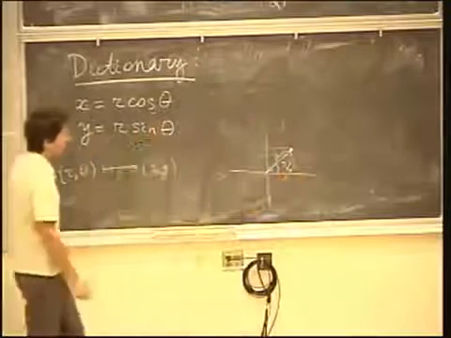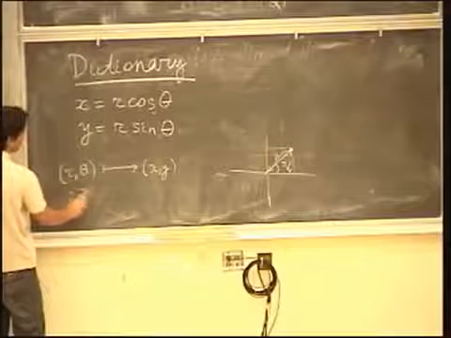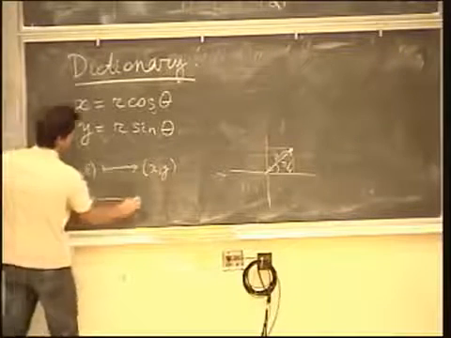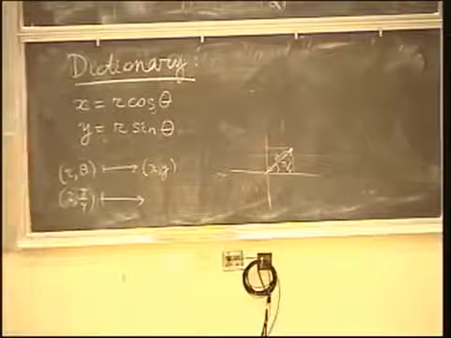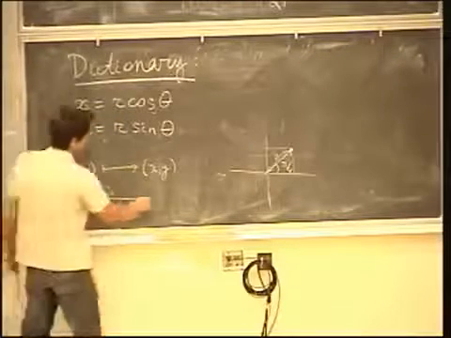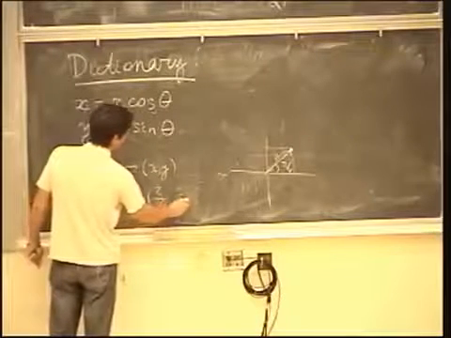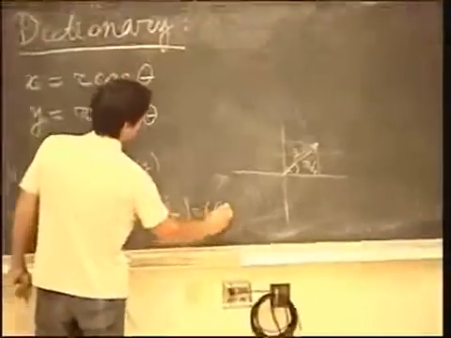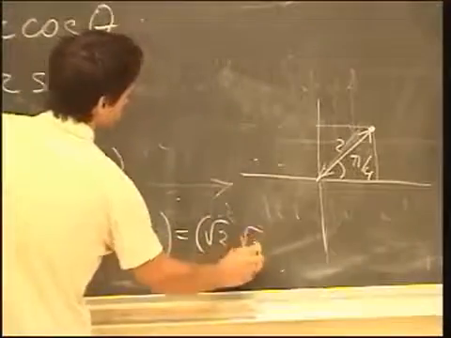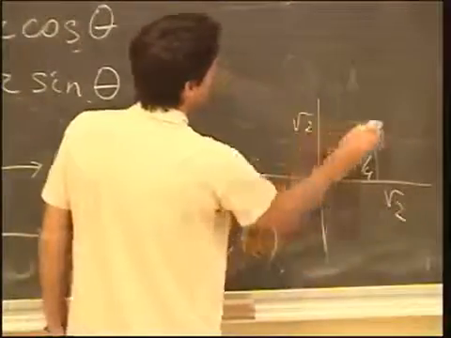So then you can ask, what is x and y? You have to take 2 times cosine theta, and cosine theta is 1 over square root of 2. So it's going to be 2 over square root of 2. And likewise, in this case, sine and cosine are the same. So you end up with square root of 2, square root of 2. A very simple rule.